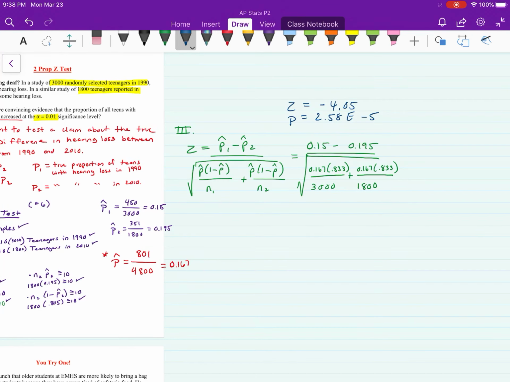Now remember, that's a very, very, very tiny p-value. That's ultimately 0.0000258. That's very, very low. And our alpha level is 0.01. So let's go ahead and interpret that.